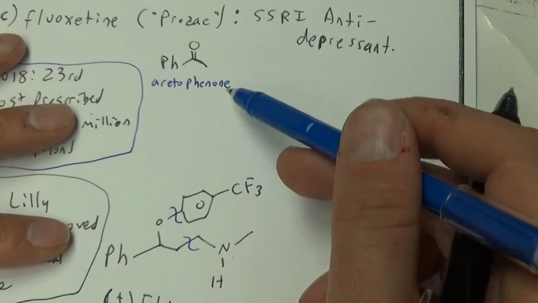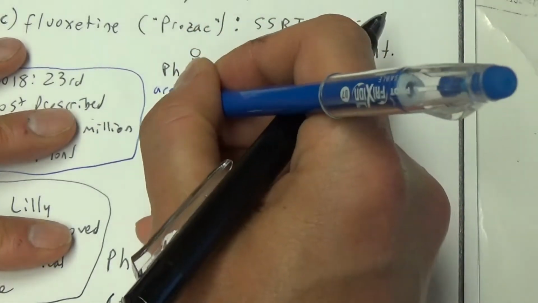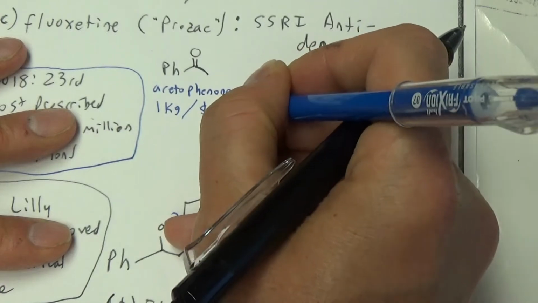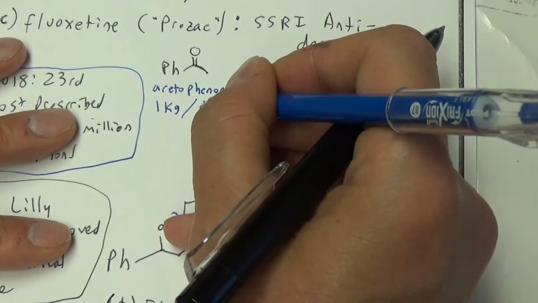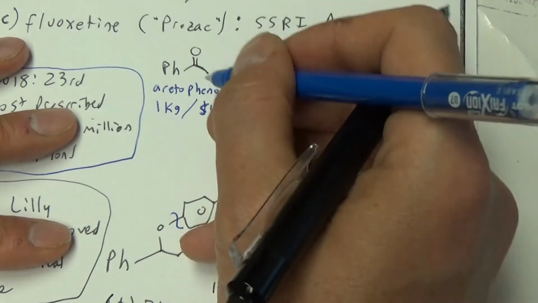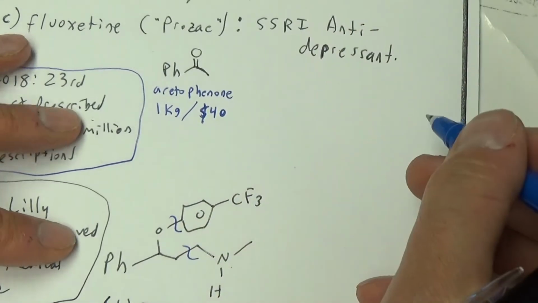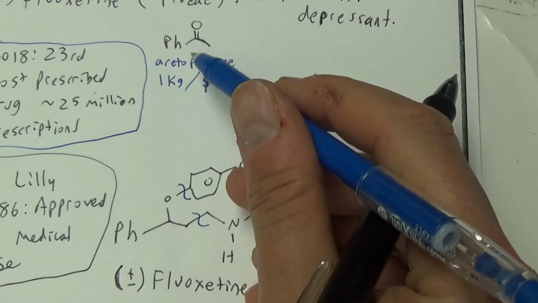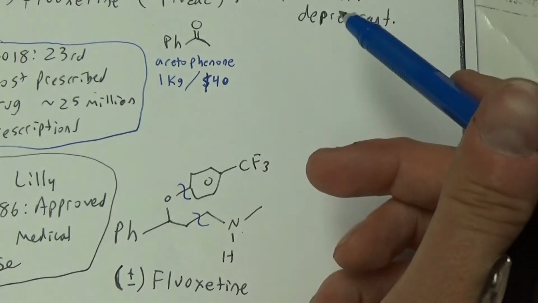It's a dirt cheap chemical. This is 1 kilogram for $40, which is about as cheap as chemicals get. I'm sure ethanol might be a little cheaper than that, but for a molecule with a benzene and a functional group, that's pretty cheap.